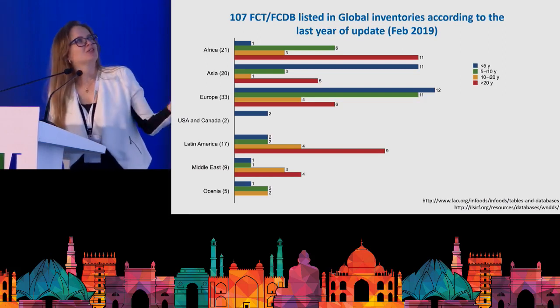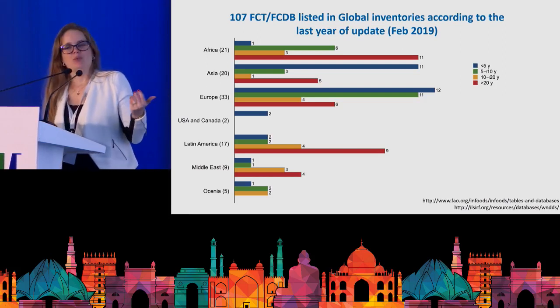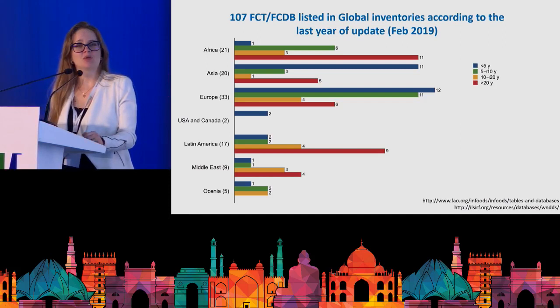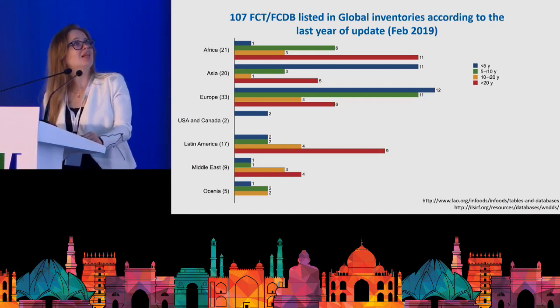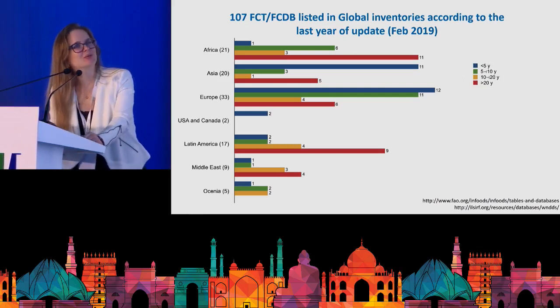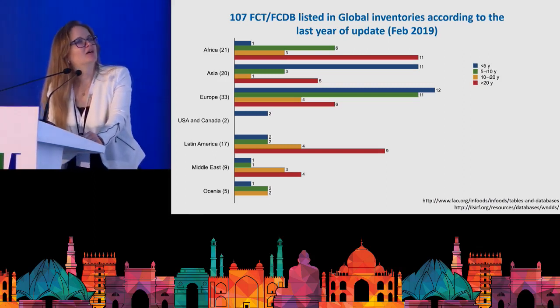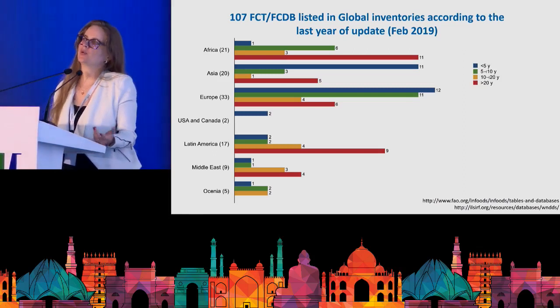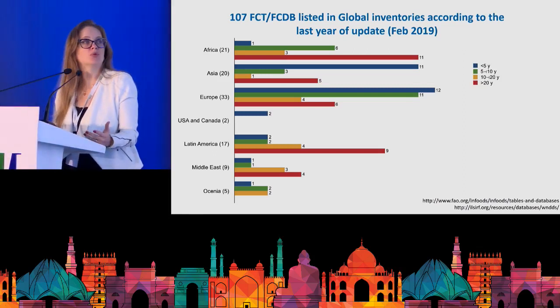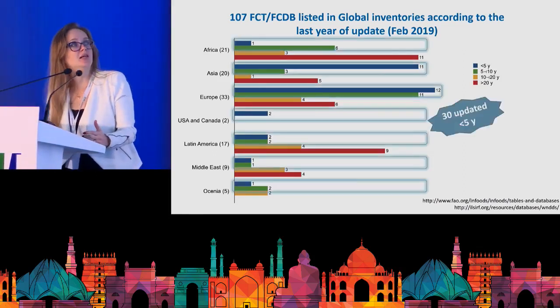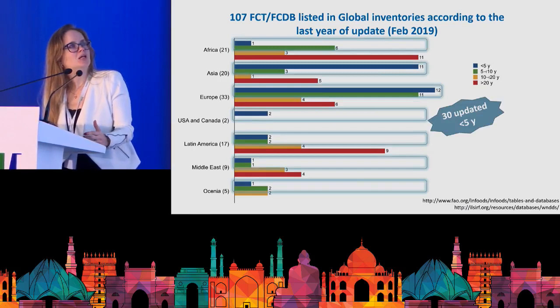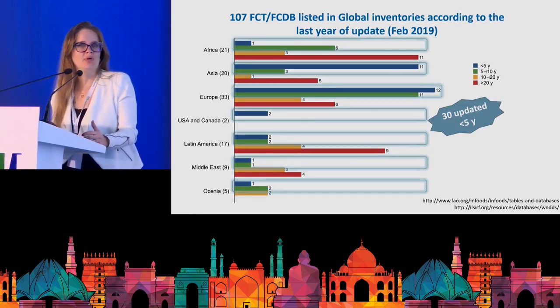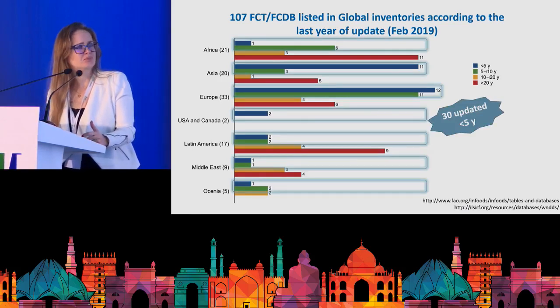So going back to the slide where I presented that we had a lot of food composition tables that are outdated, let's look now into the good side of this graphic. So we also have food composition tables that were published or updated more recently. So we can see here in the blue bars and blue and green bars that we have many activities ongoing in the past few years.